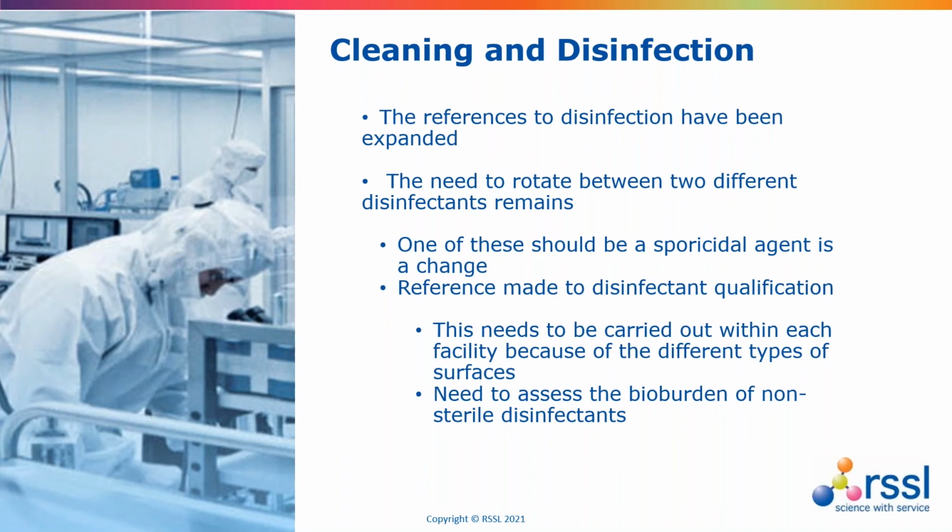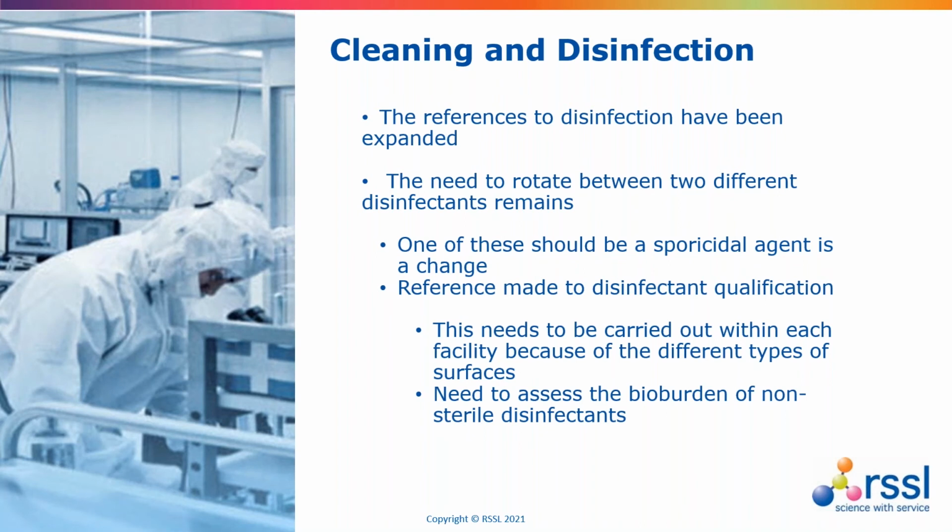The reference to disinfection rotation that's been a core part of Annex 1 for many years will remain, although the text will be expanded to describe the periodic use of a sporicidal product. In the current version, it talks about 2 different disinfectants, by inference disinfectants with different modes of efficacy.